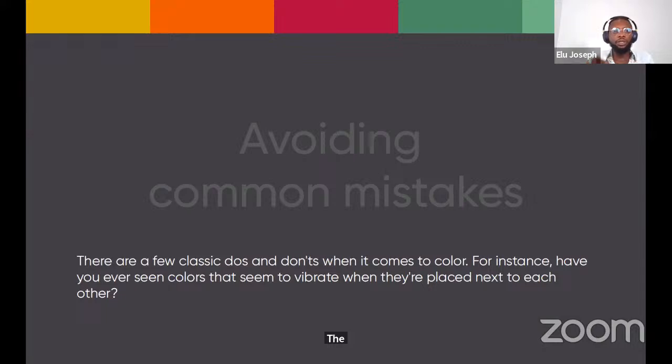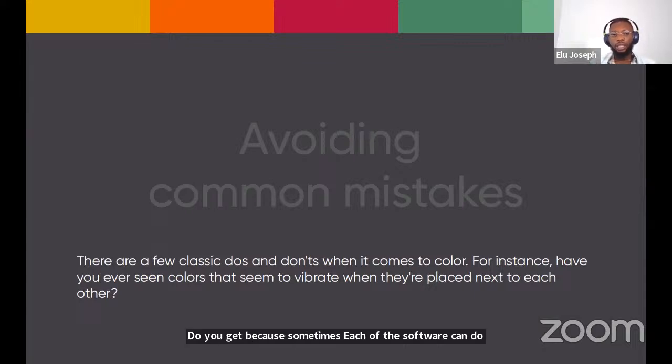Then Illustrator and CorelDRAW are softwares for vector images. So tomorrow we'll open all those softwares, see their interfaces, see the differences, and I will tell you what you can do with them and what not to do with them. Because sometimes each of the software can do the same thing, but it doesn't mean that you should use them for that thing.